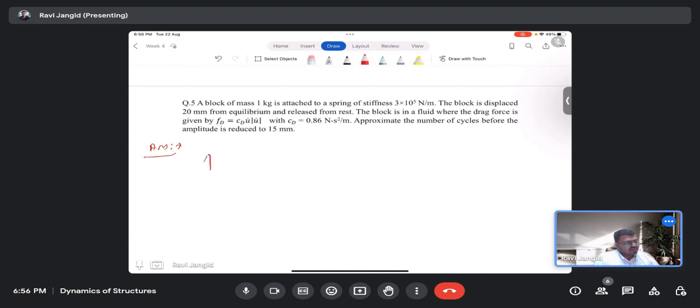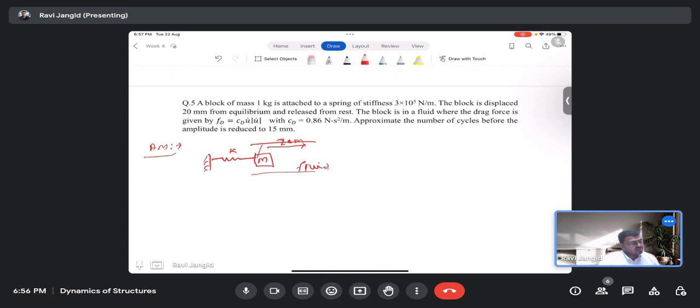Like a mass and a spring, given a 20 initial displacement and then released. The block is in a fluid. So let us suppose there is some sort of fluid.